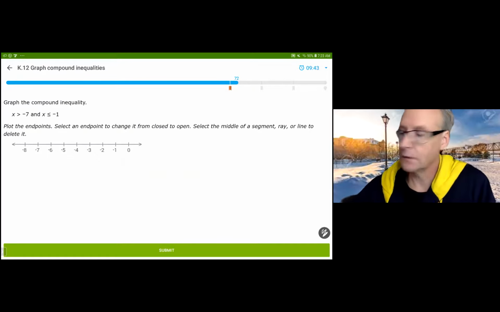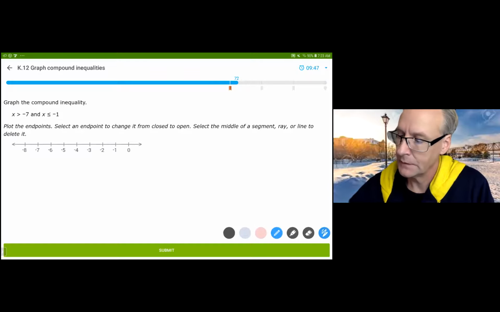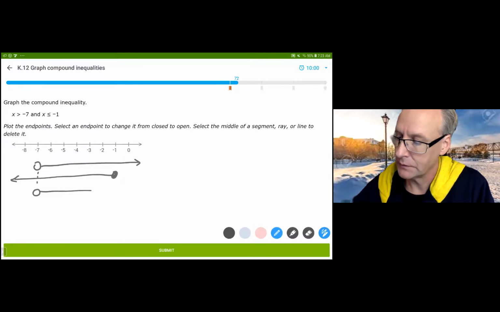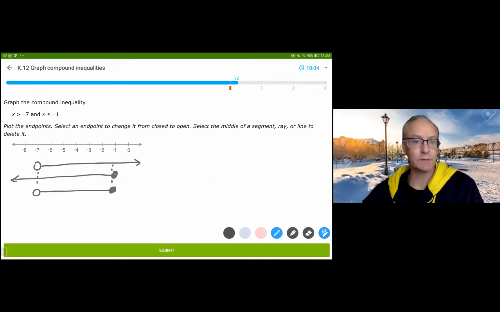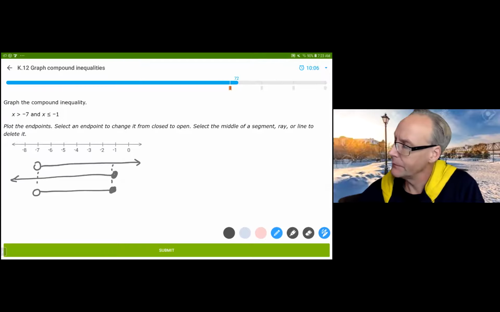This time we want x is greater than -7. So we're talking about the open circle this time. And we want x to be less than or equal to -1. And we want them both to be true. Hopefully those little dashes help you to see the situation.